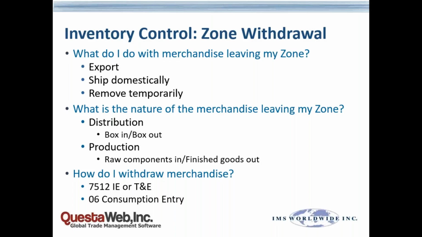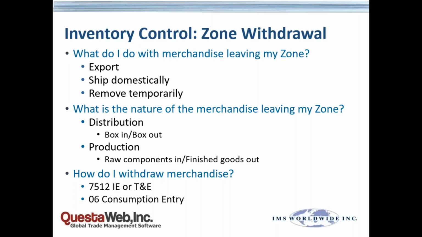If it's going to do something but come back, I need to understand the nature of the product when it is released for this temporary removal, the approval of the activity while it's gone, and how those goods come back, because there are a myriad of ways that we could spend almost an entire hour on talking about how things can be temporarily removed. And if it qualifies, you can do this on a 216 document, which allows it to leave, have something done to it, brought back into the zone, and never have a duty payment made on it.